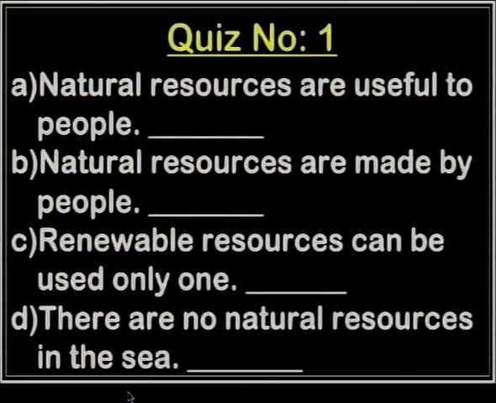Is that true or false? You write your answer. So you've just written down your answers, true or false, for A up to D. Have you done that, class? Good. Now we move on to quiz 2.